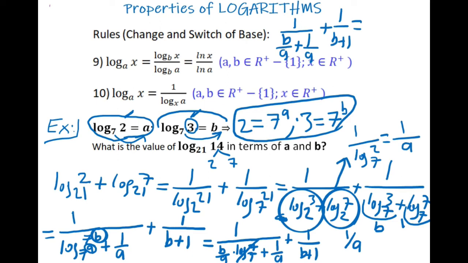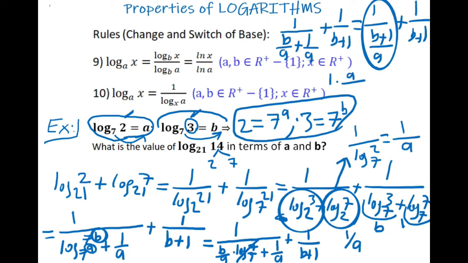This is going to be equal to 1 divided by b divided by a plus 1 divided by a plus 1 divided by b plus 1. And here we are dividing 1 by b divided by a. This is going to be 1 times a divided by b, so it's going to be equal to a divided by b plus 1 divided by b plus 1.